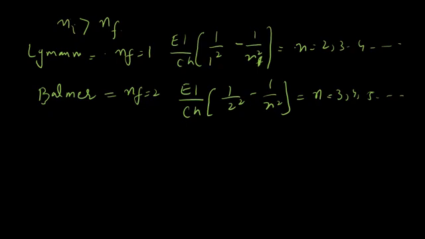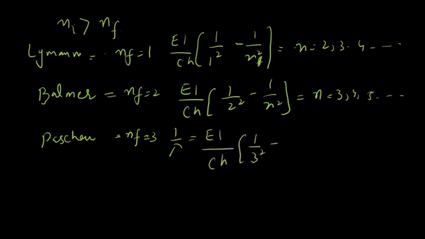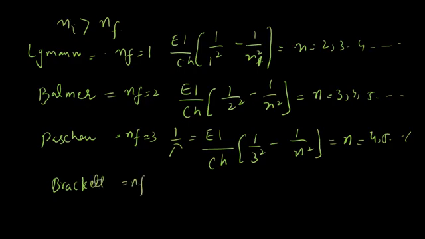Similarly for the Paschen series, nf will be equal to 3. So for this one, 1 over lambda will be equal to E1 over ch into 1 over 3 square minus 1 over n square. Again n will be equal to 4, 5, 6. Then the Brackett series, for which nf is equal to 4, so 1 over lambda will be equal to E1 over ch into 1 over 4 square minus 1 over n square.